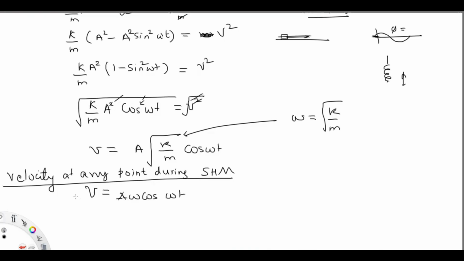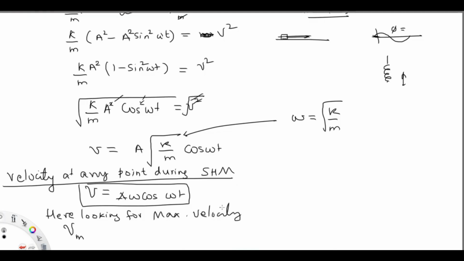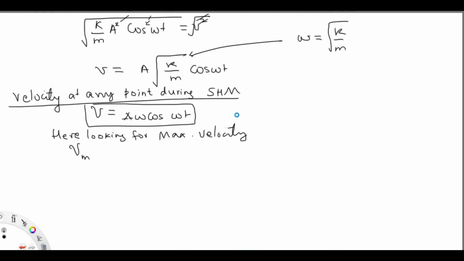But now we want to find the maximum velocity. We get the velocity to be maximum when this cosine omega t is 1. Cosine omega t can have any value between 0 and 1, and anything in between won't give us the maximum value.